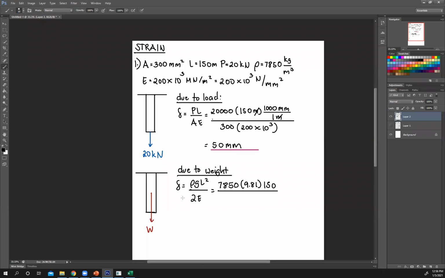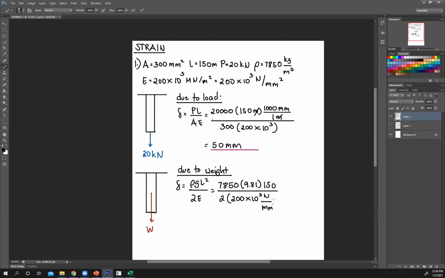Again, we're using everything in meters first, and over 2, then what's E? This is in millimeters, so convert that to meters. That's just 200 times 10 raised to 3 Newton per millimeter squared.